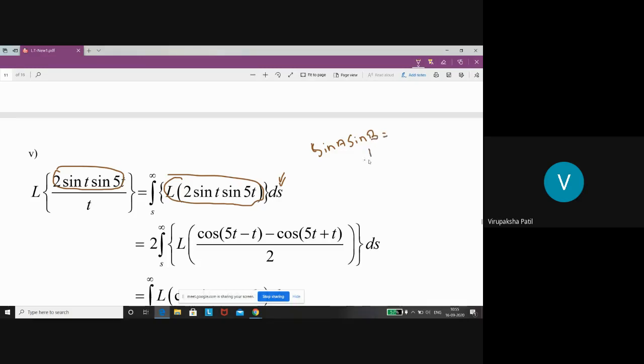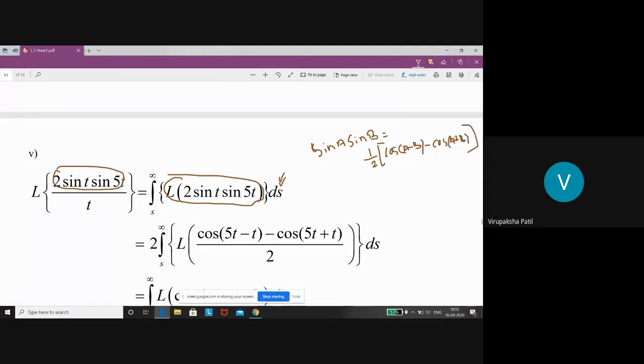This can be written as 1 by 2 times, what are we going to write, cos A minus B, minus cos of A plus B. Good, cos A plus B. These basic standard formulas, please, you should remember.